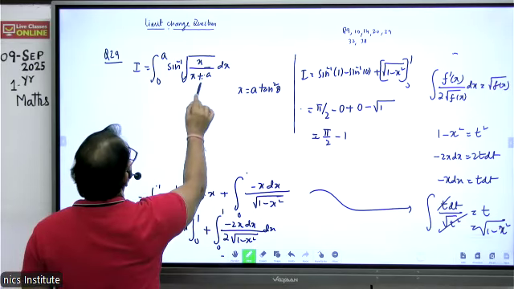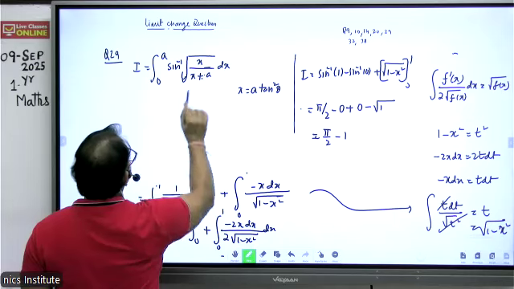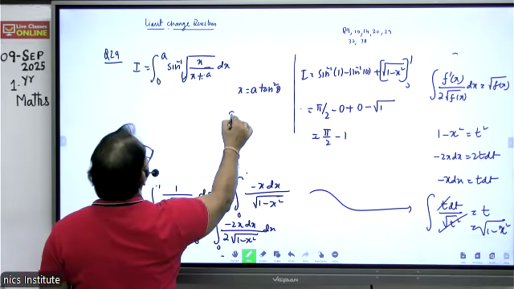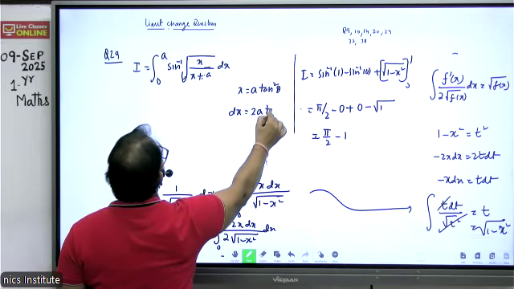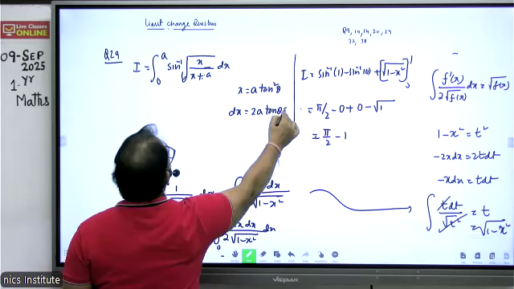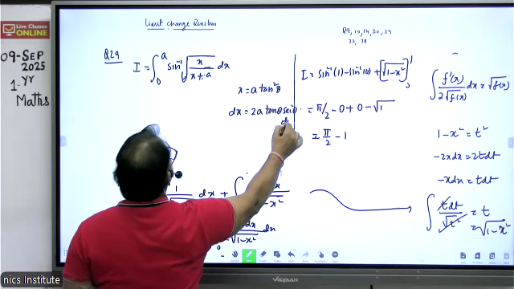So it will be a times 1 plus tan square theta, which will be simplified. dx is 2a tan theta sec square theta d theta.